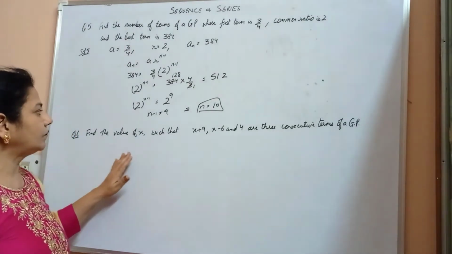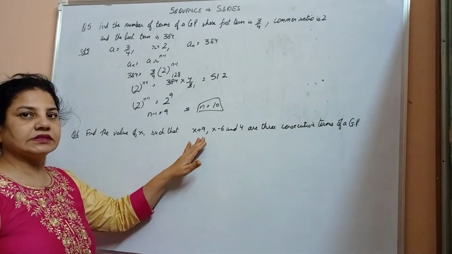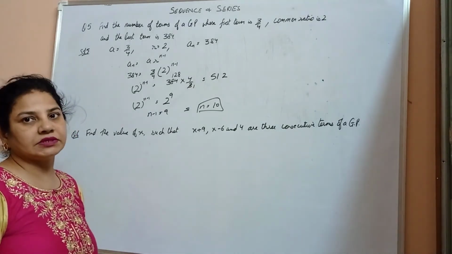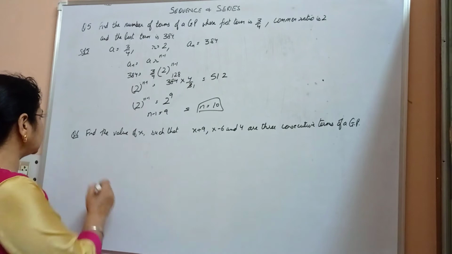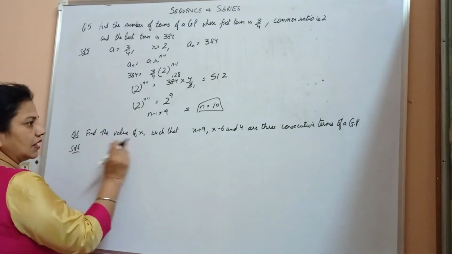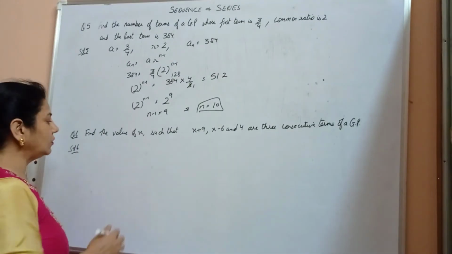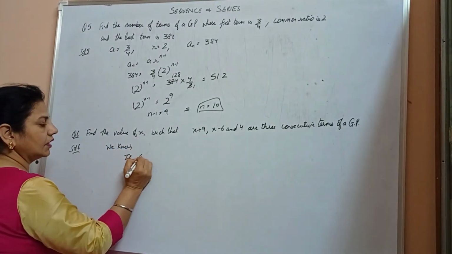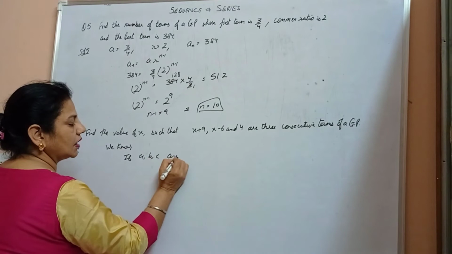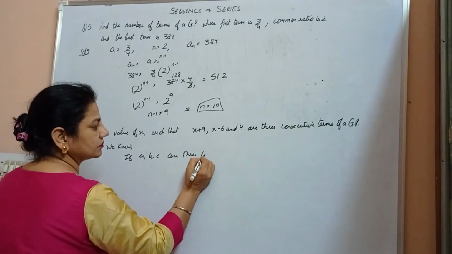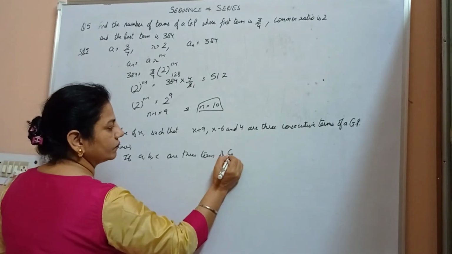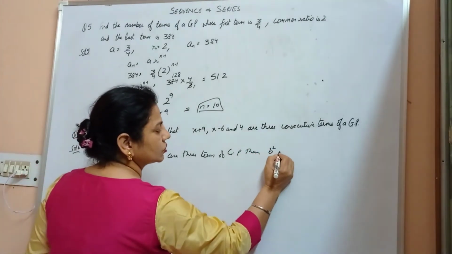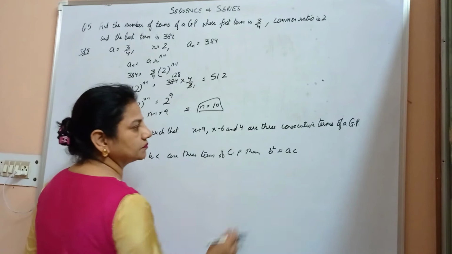Next is find the value of x such that x plus 9, x minus 6 and 4 are 3 consecutive terms in GP. Since these terms are in GP, we know if A, B, C are 3 terms of GP, then B square should be equal to AC.